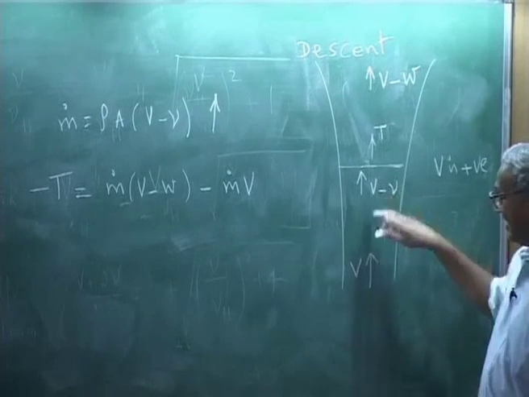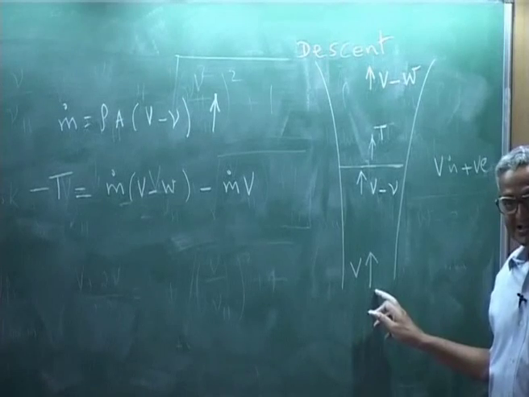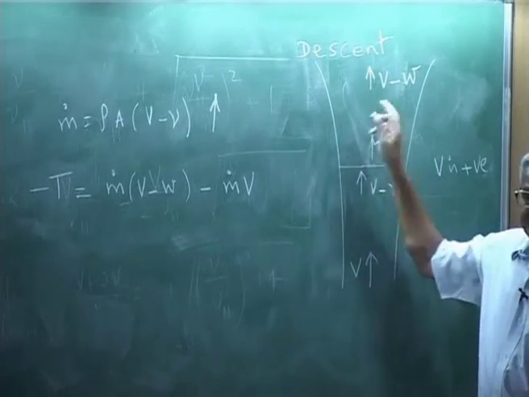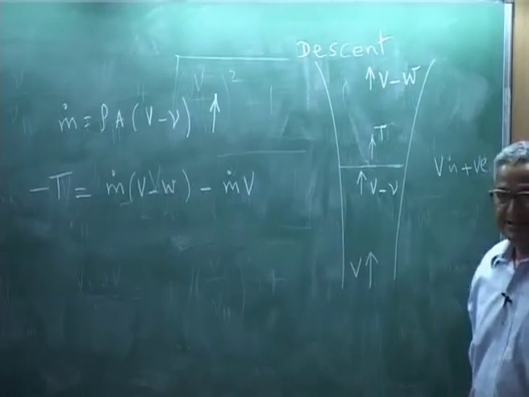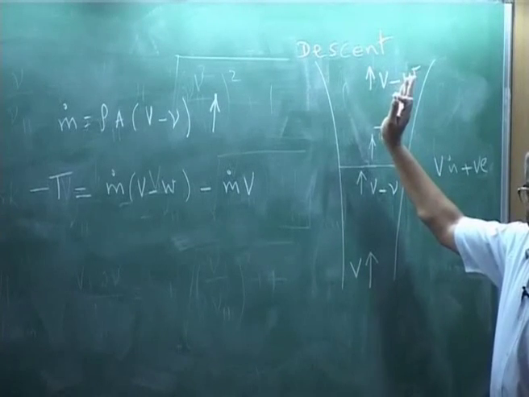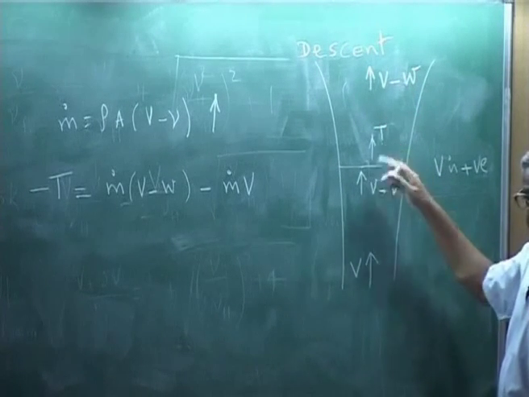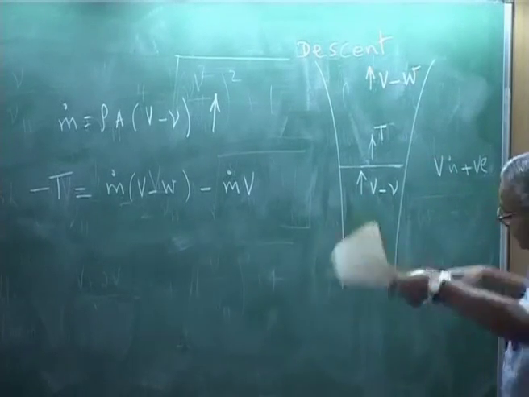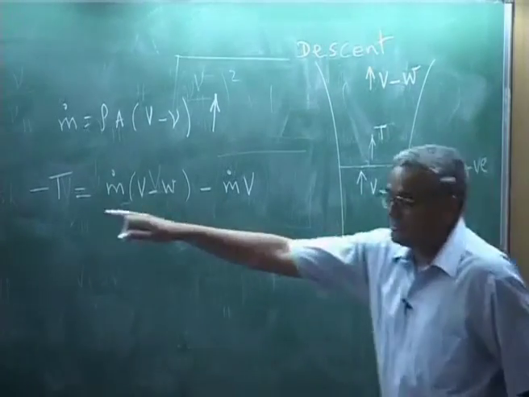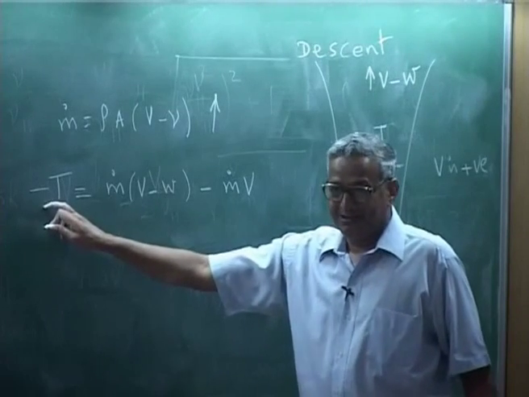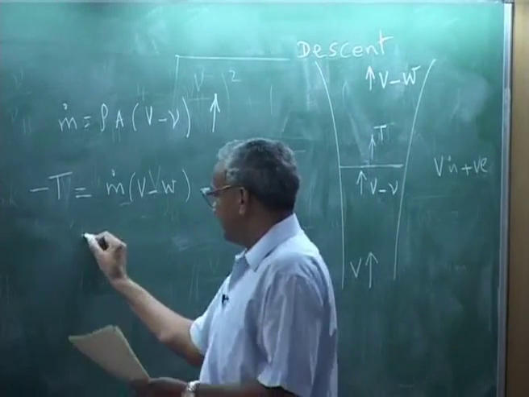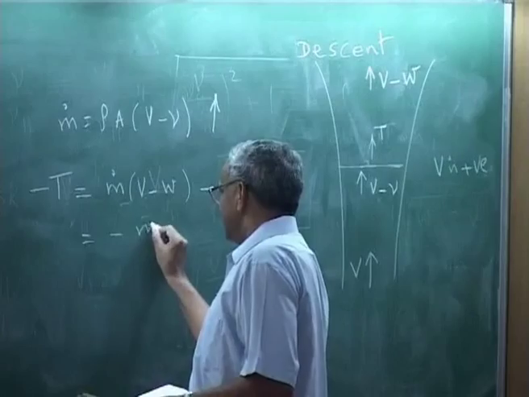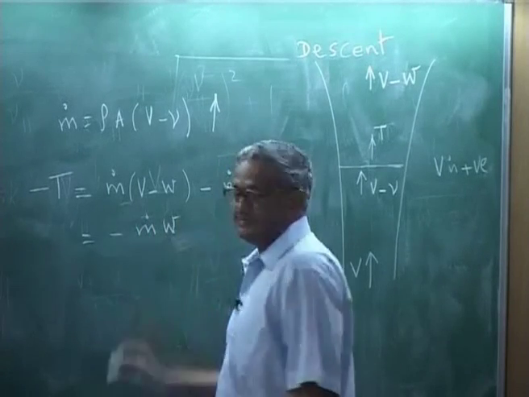Because m dot V is the initial, m dot (V minus W) is the final, and the thrust acting on the fluid is opposite to the flow. Flow is this way, this is acting, that is why I put the minus T. Now, this will give me the value minus m dot W.